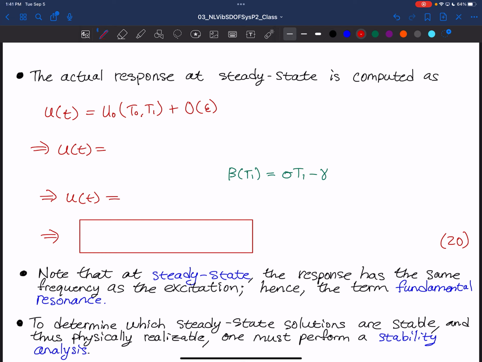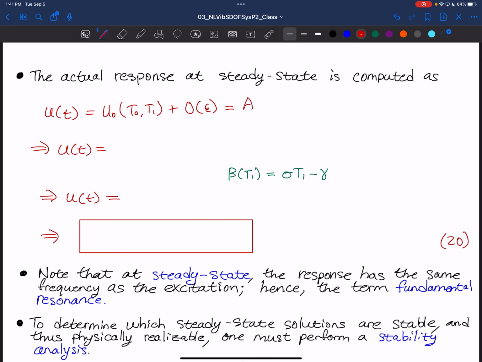So we've only solved for the u0 term. We never solved for u1 because we used the order epsilon equation to solve for the amplitude and the frequency, their relationship, as well as the phase. As a result, we don't have a u1 solution. Simple as that. We only have the u0 solution.